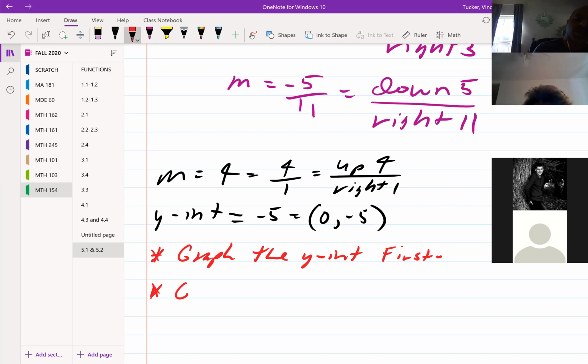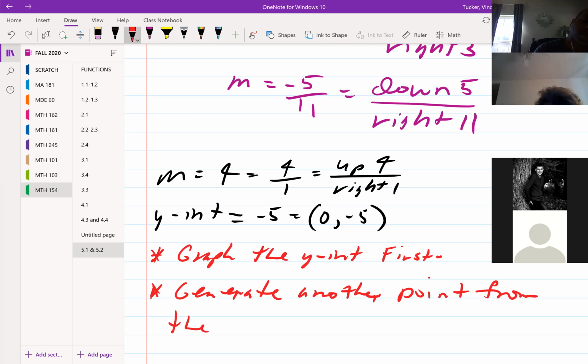And then you will generate another point from the y-intercept using your slope.